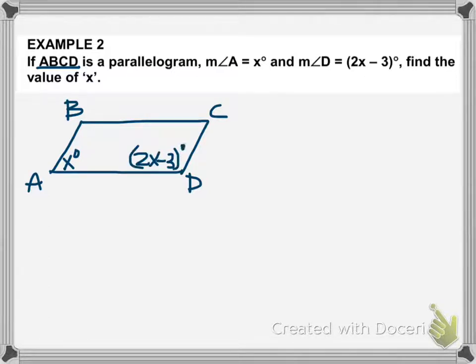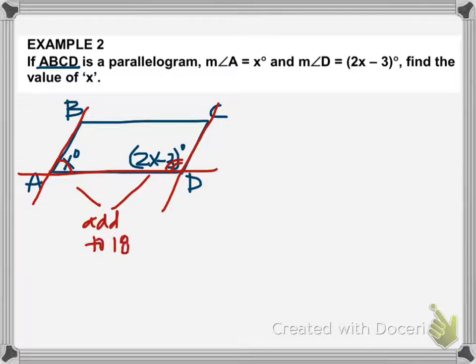Find the value of x. So I have to think, how are those two angles related? One of our properties said that consecutive angles are supplementary. Remember, if these two lines are parallel, as they are in a parallelogram, and this is my transversal, those two angles are same side interior, so they add up to 180.